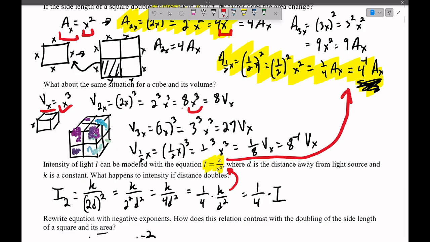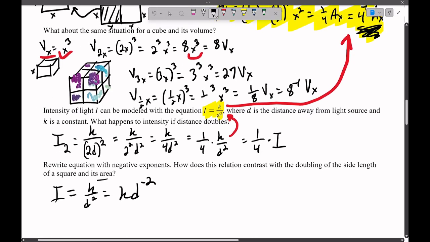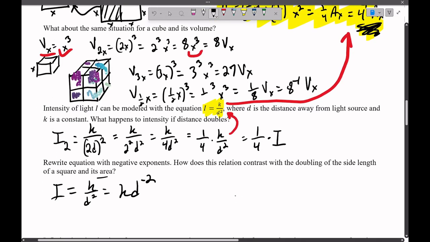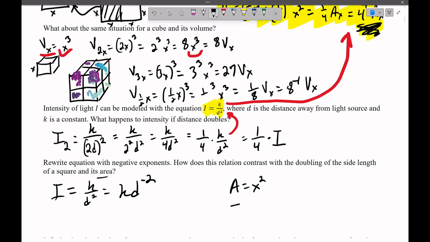The reason why I'm pointing this out here is because what I had here for the area, A equals x squared, and here I have I equals k over d squared. This is the variable of choice, and this is the variable of choice. Of course, this is just x squared, but this was k times d to the negative 2. The variable that we're talking about is x in the first one and d in the second one.